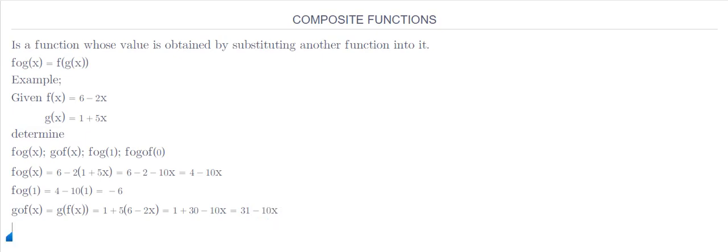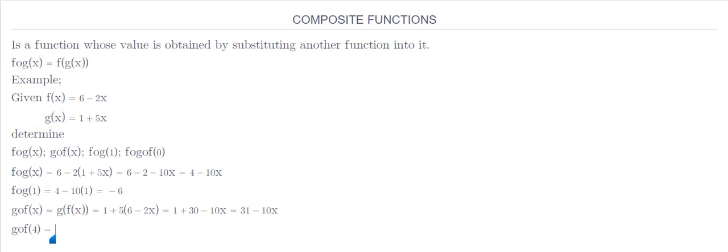Now there is this part. It is not part of this, but what if you have been told to find g of f of 4, for example? So g of f of 4 is the same as substituting 4 instead of x in the g of f.